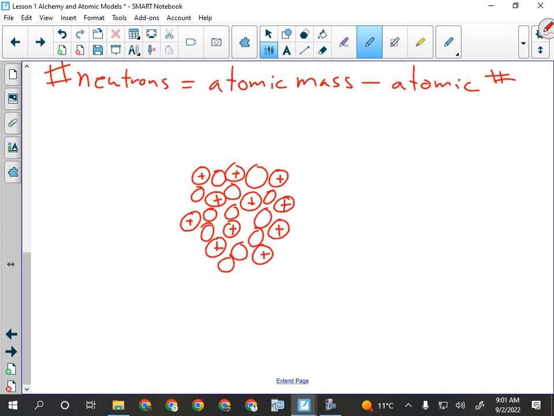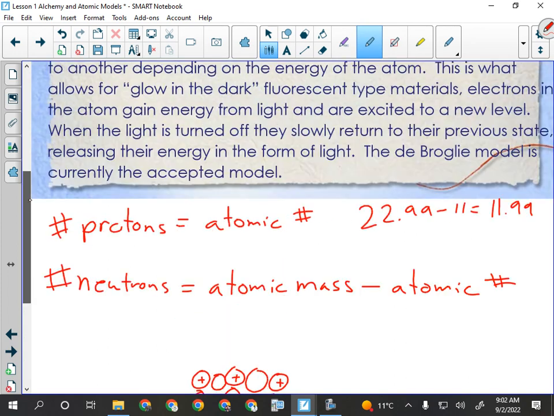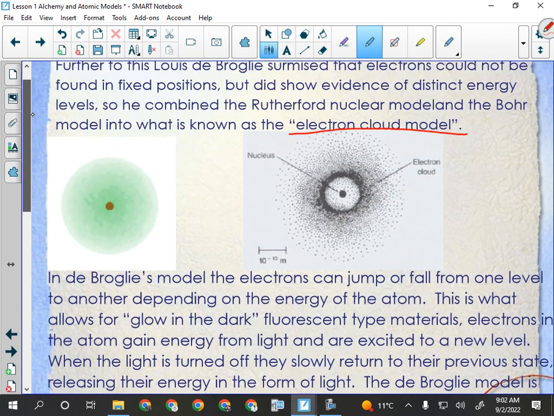Where do the electrons go? What does de Broglie say surrounds the nucleus? They're in the cloud.